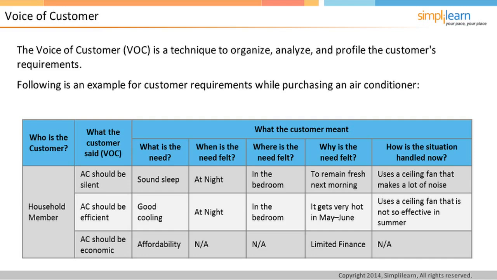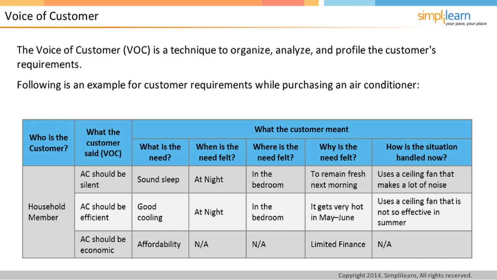This is mainly because it gets extremely hot in summer. Also, he currently uses a ceiling fan which is not so effective in summers. On the other hand, when the customer wants to buy an AC which is not too costly, he has limited cash for the purchase. He wants to purchase a low-cost AC. Let us discuss the importance of translating customer requirements in the next screen.